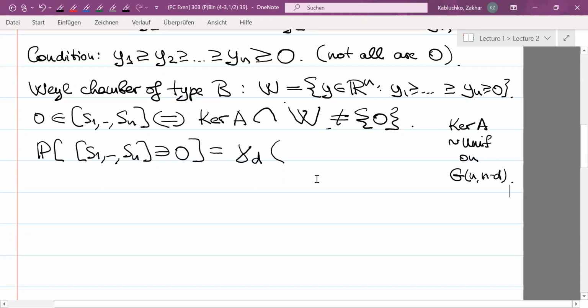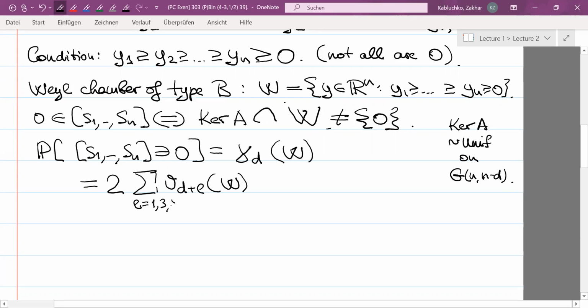So it is the Grassmann volume of the Weyl chamber. Or it can be written as 2 times the sum of v_{d+l}(W), l is odd.